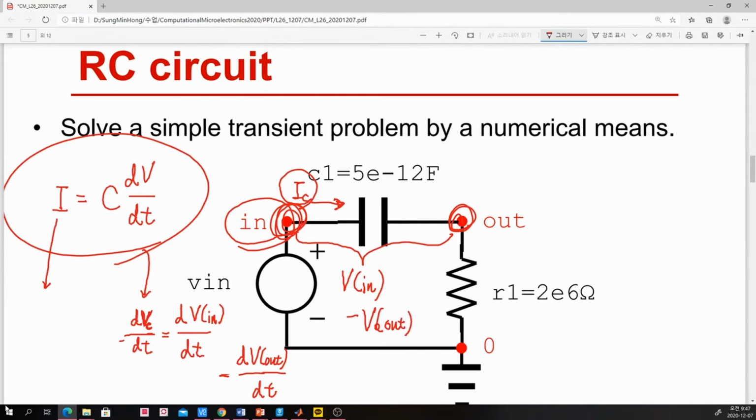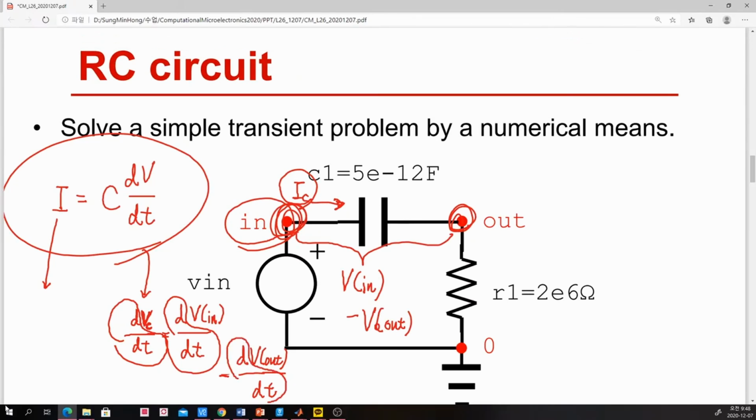So the time derivative is also given by dV in over dt minus dV out over dt. So that is not that difficult. But the point is, none of them are in the list of unknown variables.